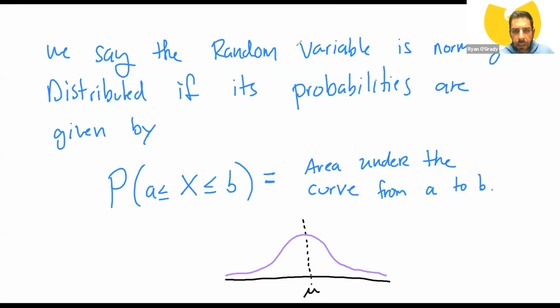It's centered at the mean, and if we take some point, I'll call this point A, and I'll call this point B. If I look at the area of this curved region under the curve, and the probabilities are given by the area of this region, then we say it's normally distributed. Does anybody have a question about this?